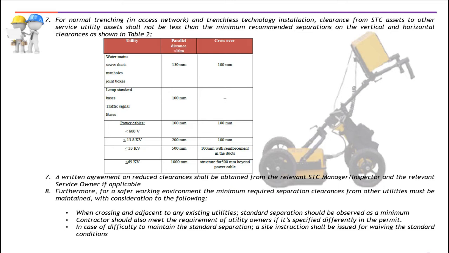For 33 kV, 500 mm, and 100 mm with reinforcement in the ducts when crossing. For 69 kV, the parallel distance is 1000 mm, and structure for 500 mm beyond the power cable for crossover.